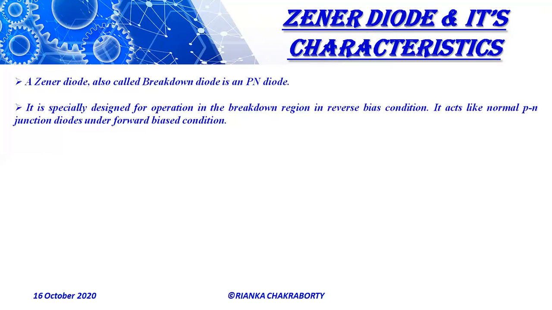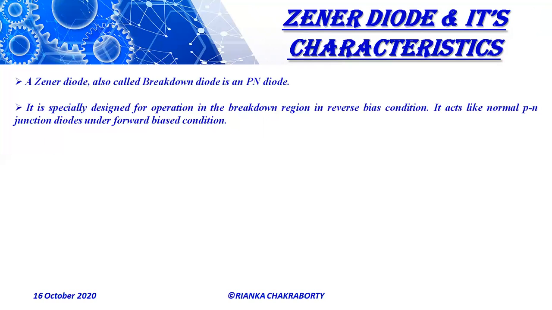So, a forward biased PN junction diode offers only a small resistance to the electric current. But when reverse biased voltage is applied to the PN junction diode, it blocks a large amount of electric current and allows only a small amount of electric current. So we can say that a reverse biased PN junction diode offers large resistance to the electric current.